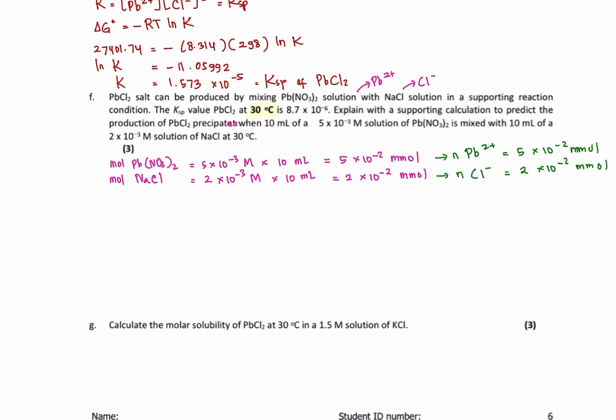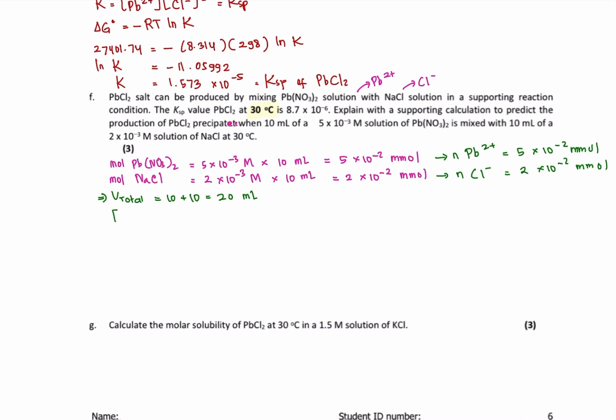Now, because we mix the two together, it means that now the total volume of the mixture is 10 plus 10. So we have 20 milliliter of mixture, which means that the concentration of Pb2+ and Cl- is slightly different.